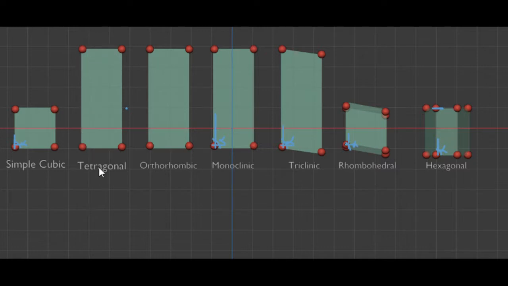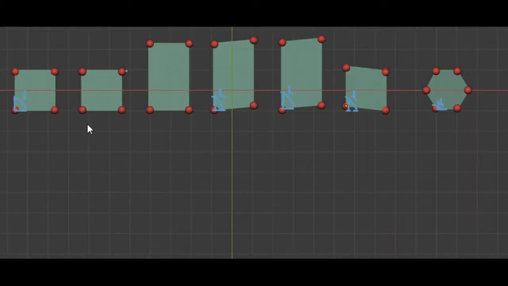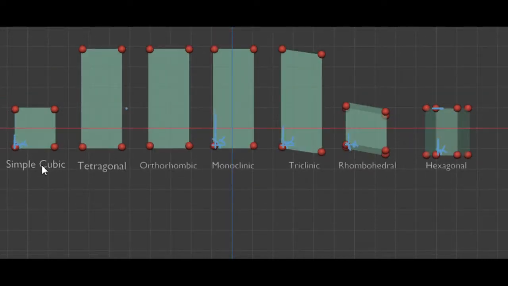So in the tetragonal lattice, the height is different, whereas from the top we can see that length and breadth are equal, similar to the simple cubic lattice. So the difference between simple cubic and tetragonal is that one of the sides is different, right?